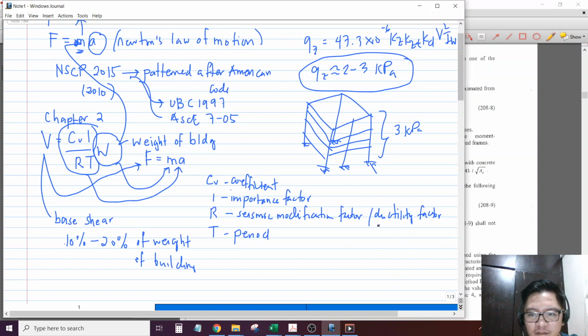R is 8.5, which is basically, I would say, in general, parang default sa Philippines because we're in a seismic region. Papakita ko why.